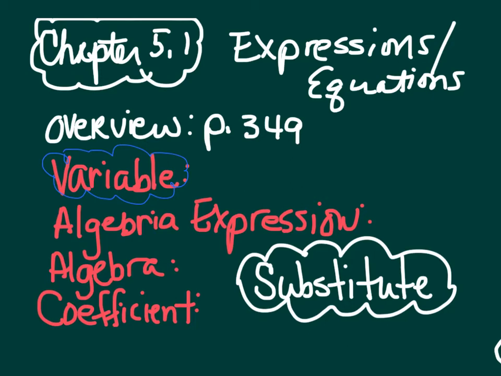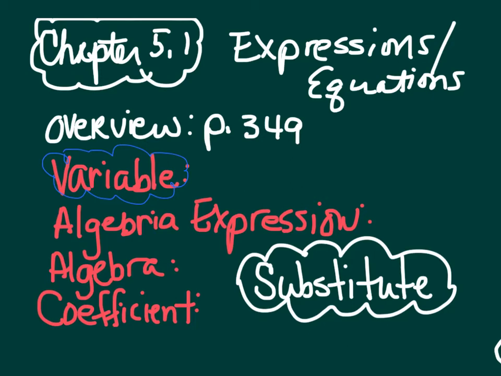An algebraic expression is an expression that has a variable in it plus one operation. And sometimes the operations are very clear, and sometimes it's not. But it does have one operation.